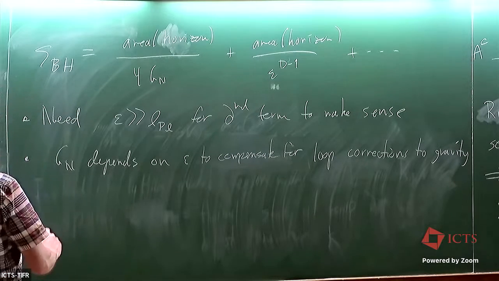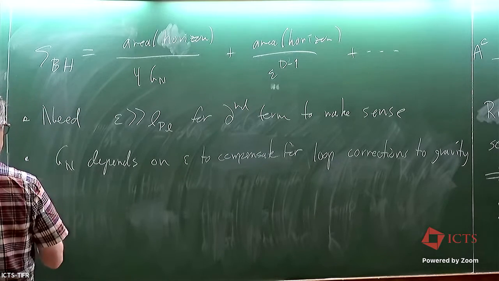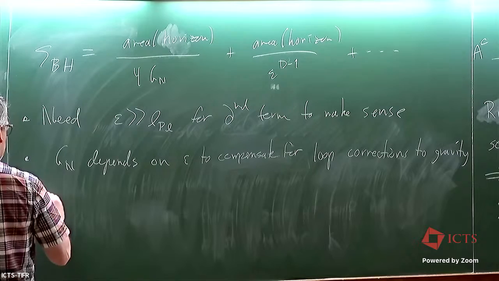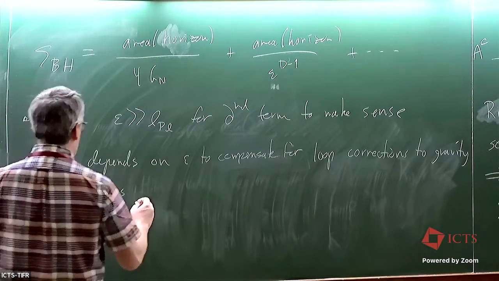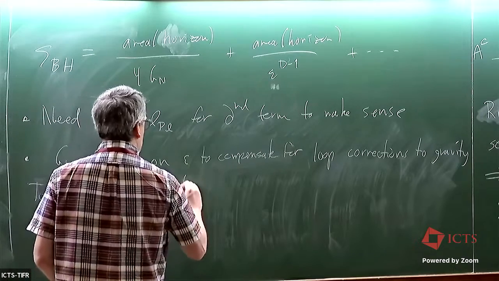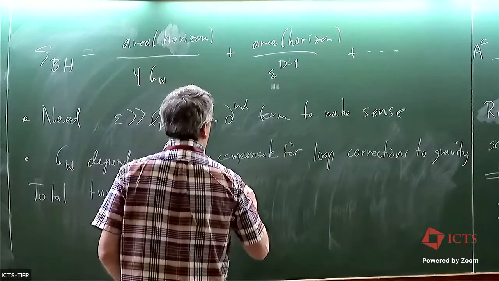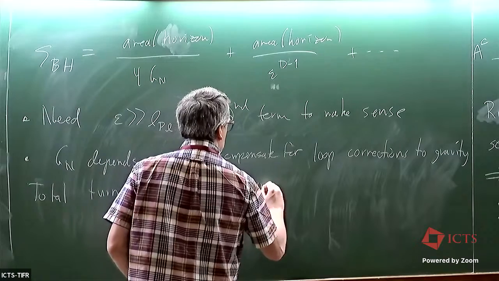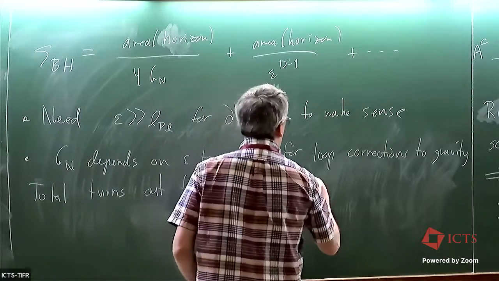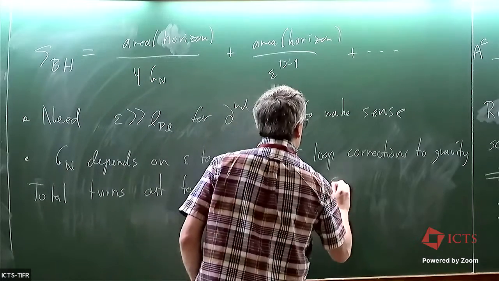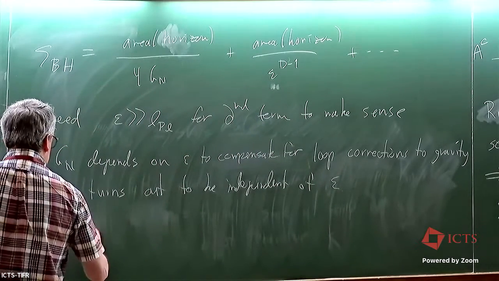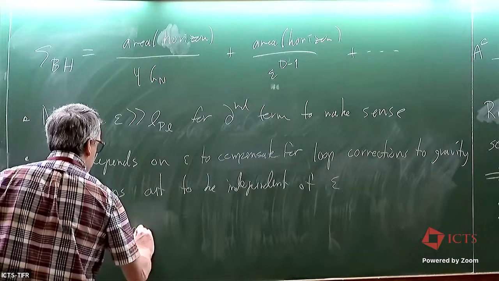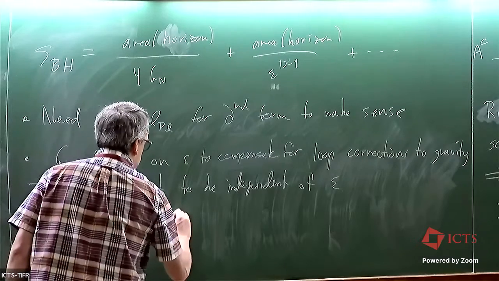Then it turns out that the sum, the total, this is something you have to calculate to see that it works, is independent of epsilon. So in some sense, you can think of the Bekenstein-Hawking term, the first term, as a counter term.